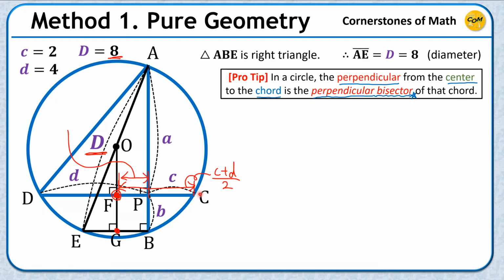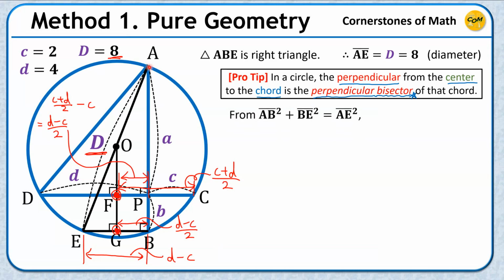Well, this length is length CF minus length CP, hence (c plus d) over 2 minus c, which gives (d minus c) over 2. This means that the length of BG is also (d minus c) over 2, and since G is the midpoint of the chord BE, length BE is twice the length of BG, hence it is d minus c.